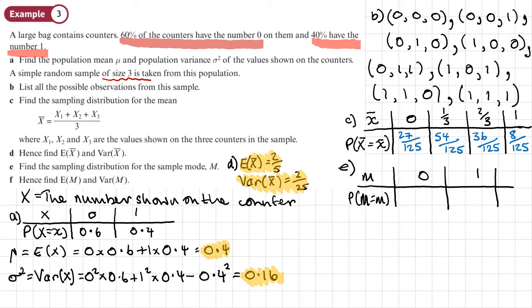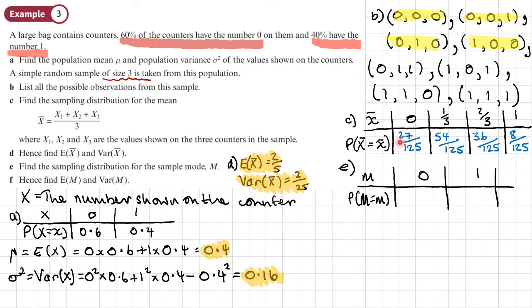Now, the mode is going to be 0 in these cases here, the ones that I'm highlighting in yellow. Okay, and what's the probability the counters are going to come up like this? Well, we've done this already. We know that the probability that they're all going to be zeros is 27 over 125, and then for these three, 54 over 125. So all we need to do is to add those probabilities together.